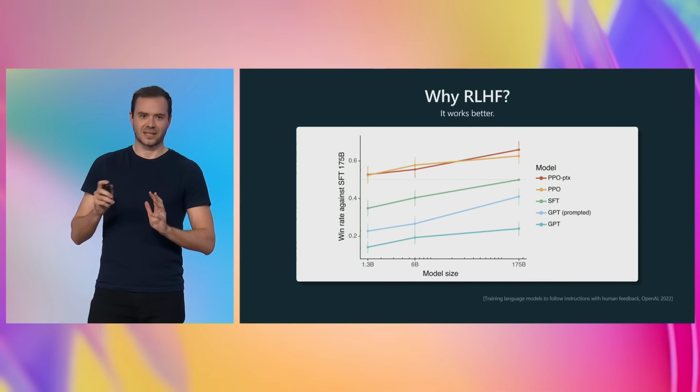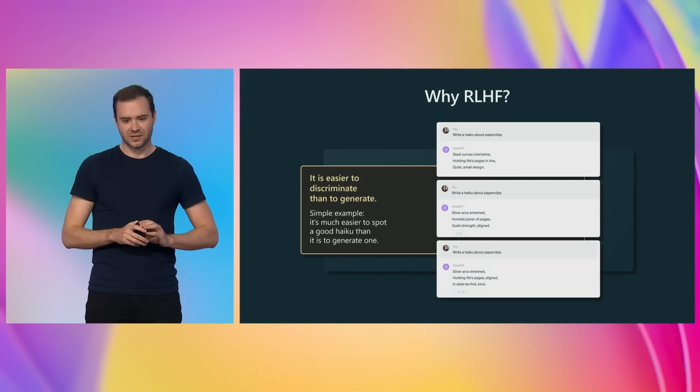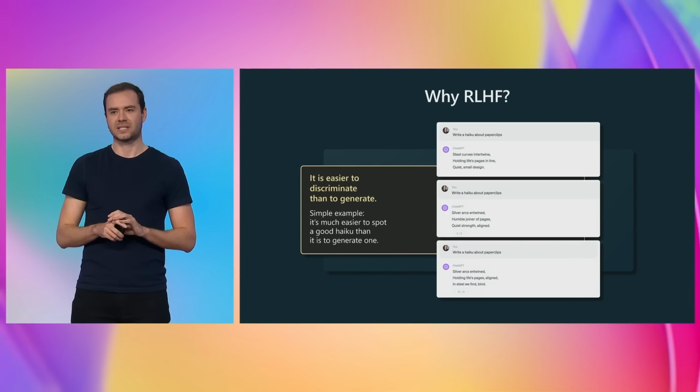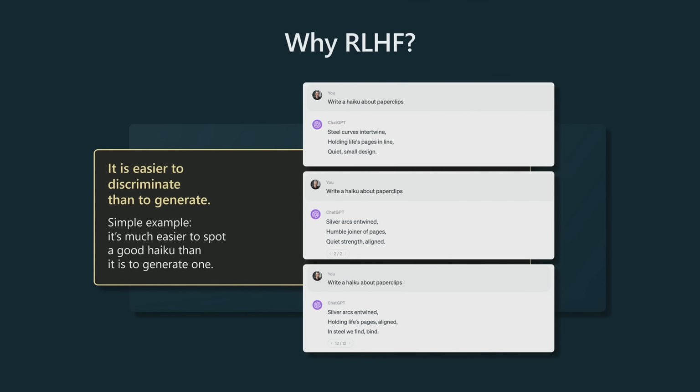I don't think that there's a single amazing answer that the community has really agreed on, but I will offer one potential reason. It has to do with the asymmetry between how easy computationally it is to compare versus generate. Let's take an example of generating a haiku. Suppose I ask a model to write a haiku about paperclips. If you're a contractor collecting data for the SFT stage, how are you supposed to create a nice haiku for a paperclip?